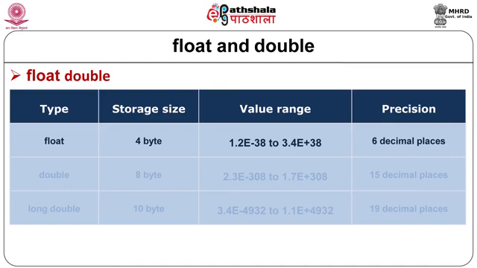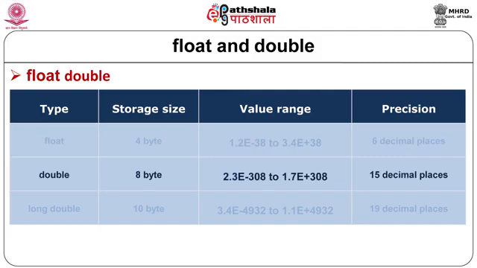Precision up to 6 decimal places. For double data type, storage size is 8 byte, value range is 2.3 into 10 raised to minus 308 to 1.7 into 10 raised to plus 308. Precision for this data type is 15 decimal places.